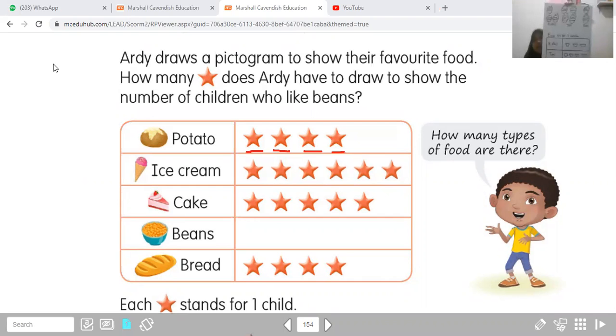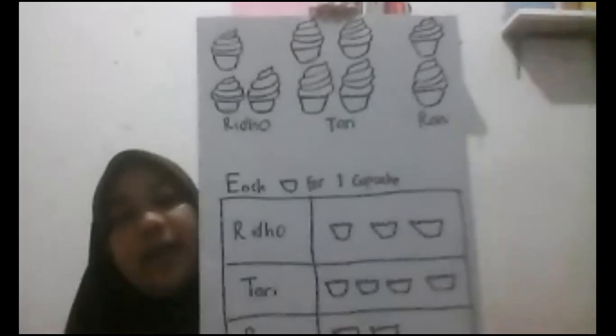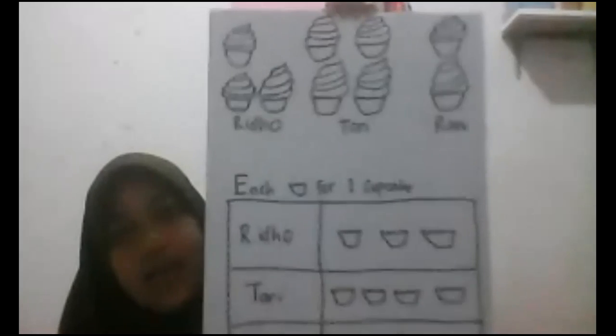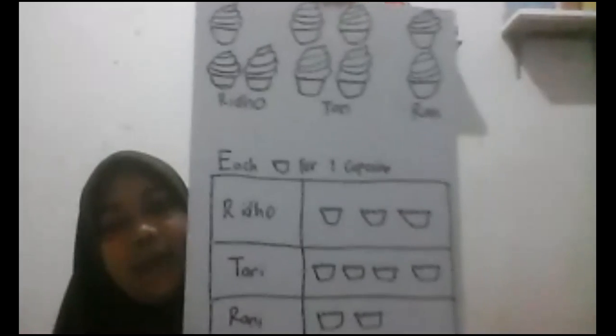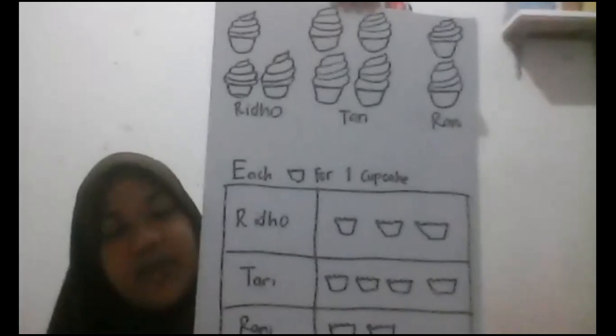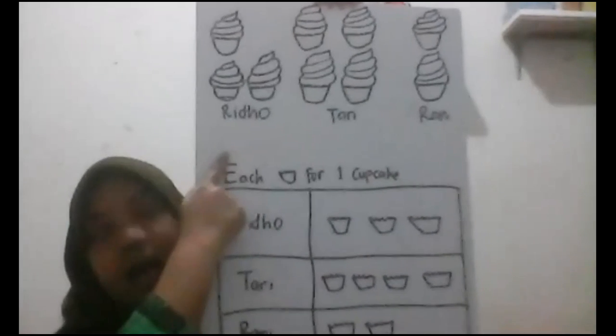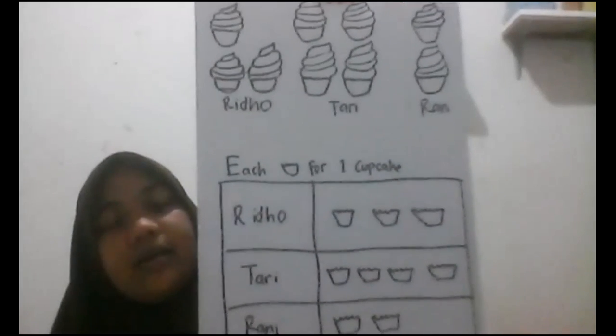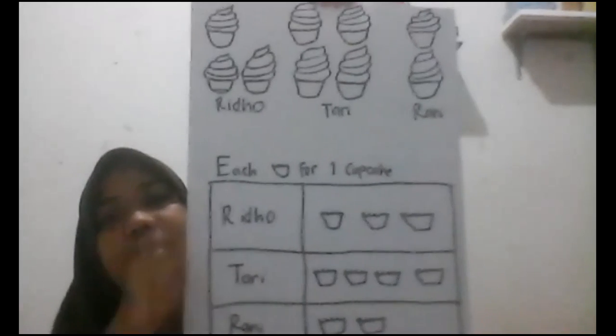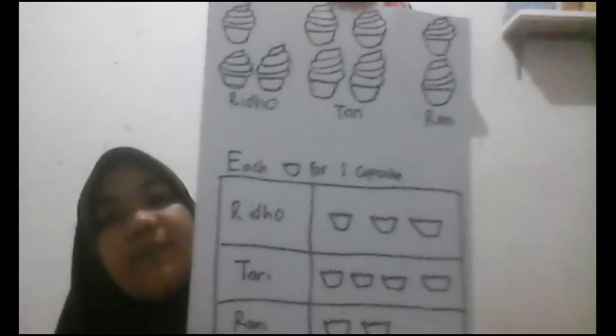Okay. So my explanation is, hi, my name is Rani, and now I will explain about a pictogram. Here I have a data. 3 students make cupcakes.